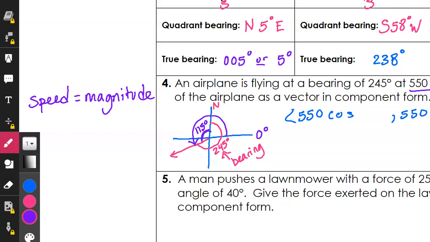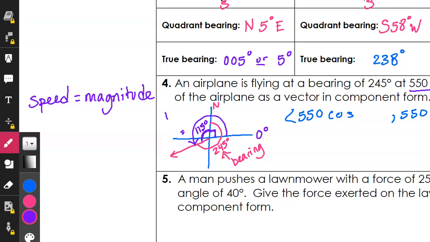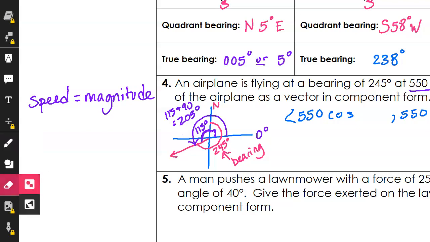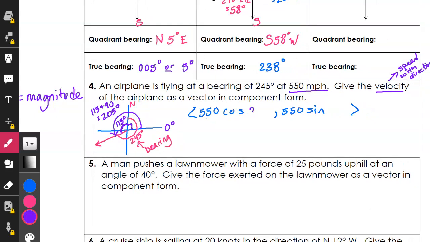We know that this quadrant one is 90 degrees. So to get the full angle, we could do 115 plus 90, and that is 205. So that means our direction angle is 205.